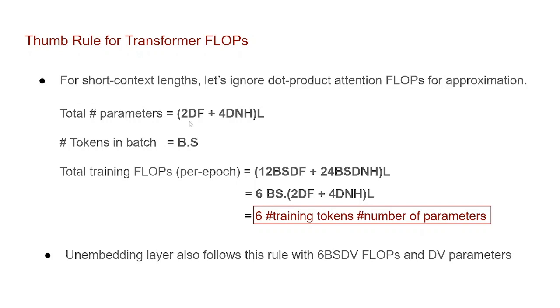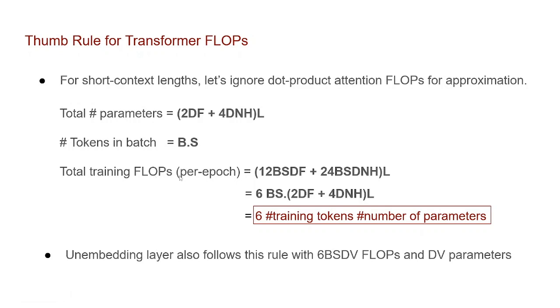So the total number of parameters for all the layers of the transformer is 2DF coming from the MLP in each layer, 4DNH coming from the linear projection matrices in the attention module for each layer, multiplied by the number of layers. The number of tokens in a batch, we can write as B times S. So we have a batch of samples, each sample is S tokens long.